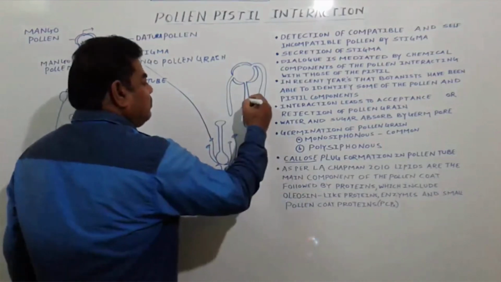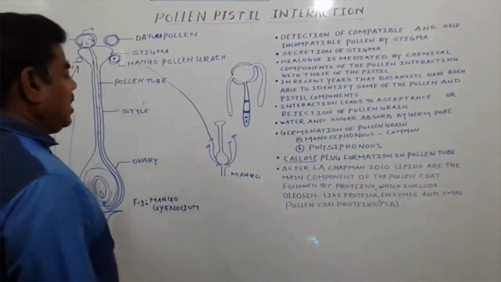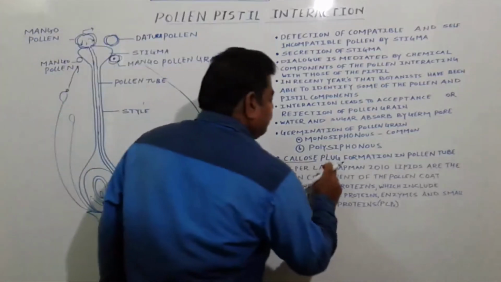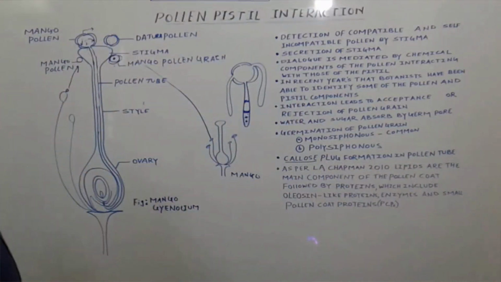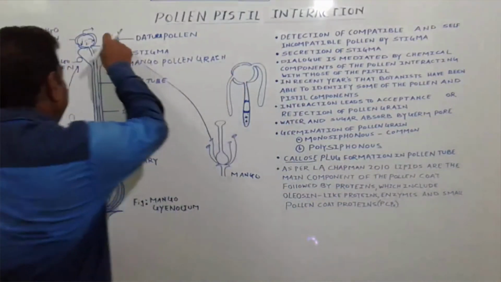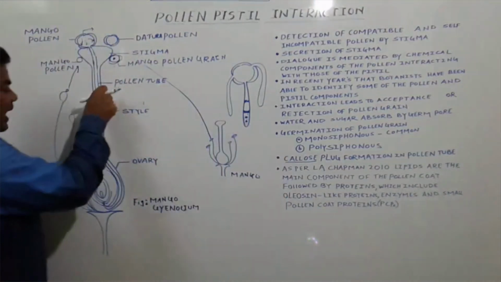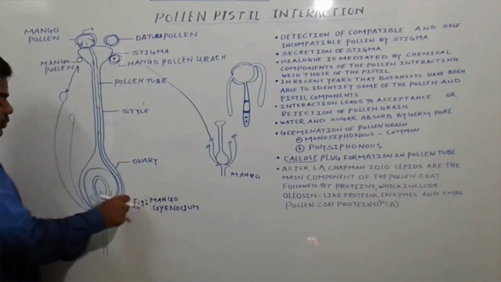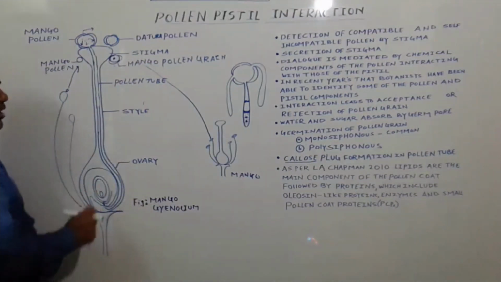Like this, callose plug formation takes place in the pollen tube when it is emerging in the stylar tissue. By piercing the stylar tissue and forming such callose plugs, ultimately the pollen tube reaches the micropyle and enters through the micropyle inside the ovule.